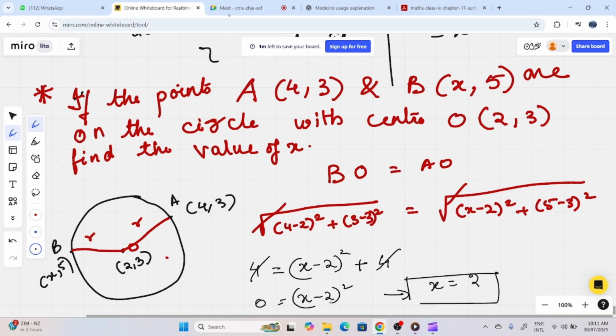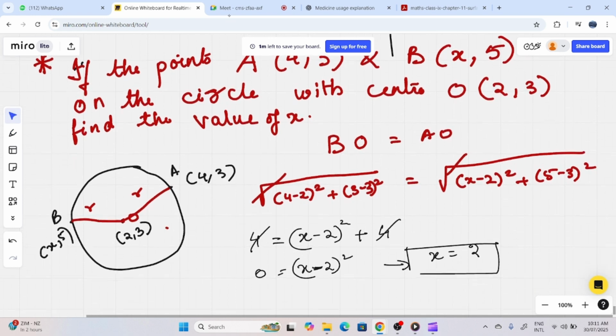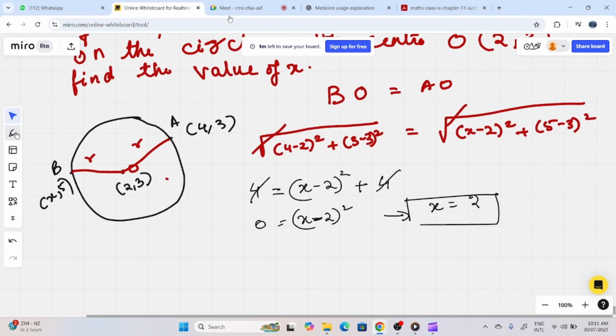You won't get two answers. Correct? Because when you finish it, it is exactly like the last step of a quadratic equation. X minus 2, x minus 2, so your x is equal to 2.